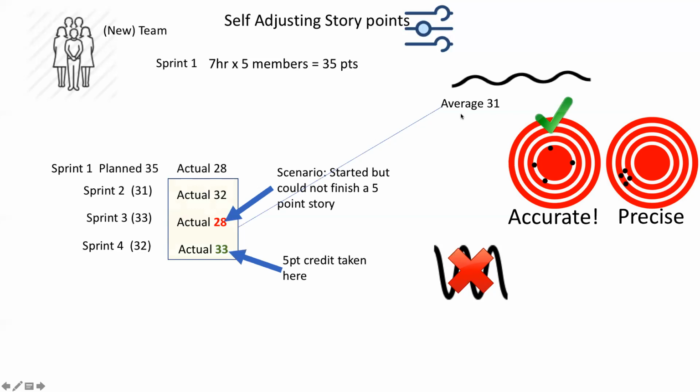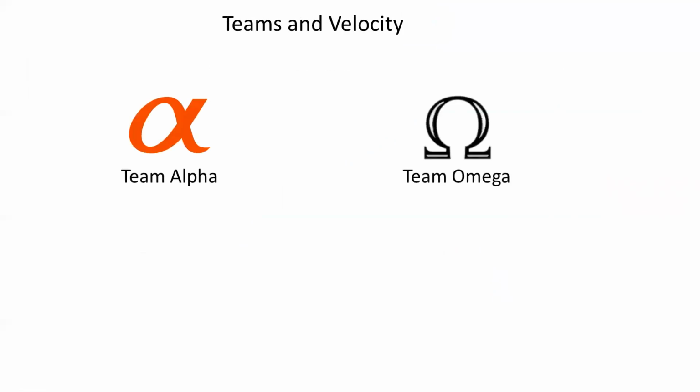Now, there's another advantage of using unitless story points. I think we all agree that velocity is a great metric for us to monitor. Let's say there are two teams, Team Alpha and Team Omega.